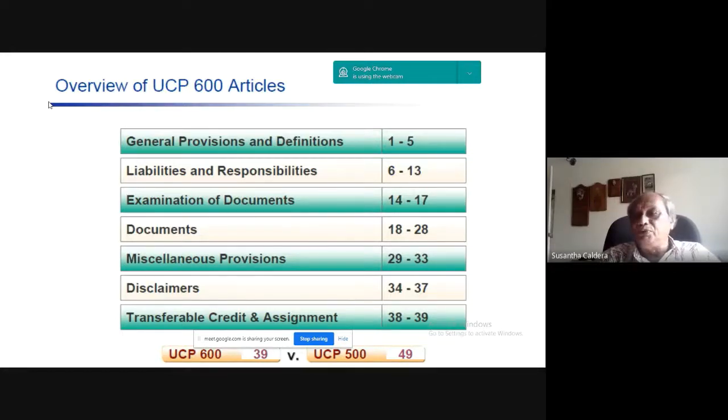Then miscellaneous provisions 29 to 33, disclaimers 34 to 37, transfer of credits and assignments: transfer of credits 38, assignments 39. Altogether, we have 39 articles.